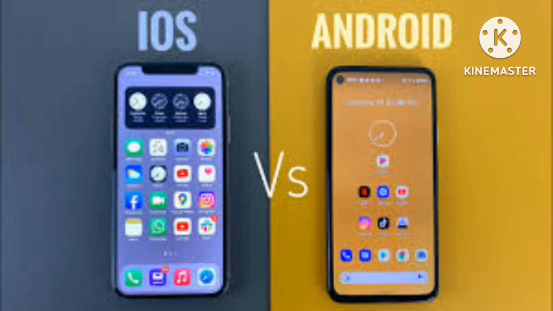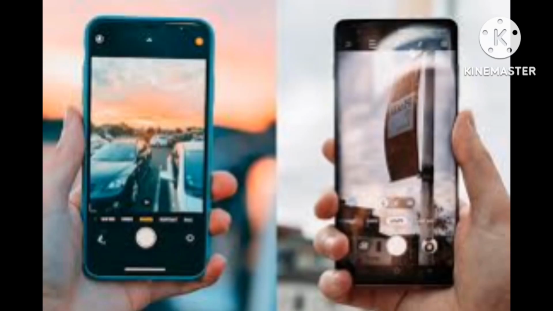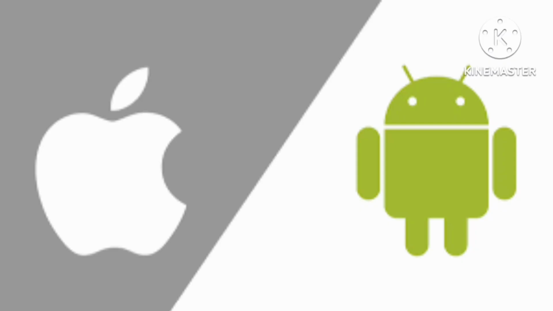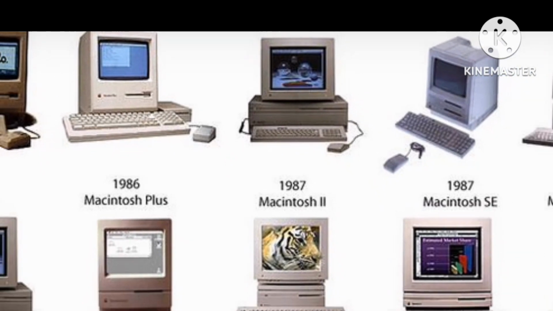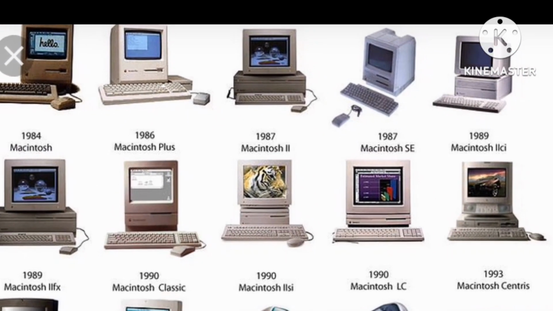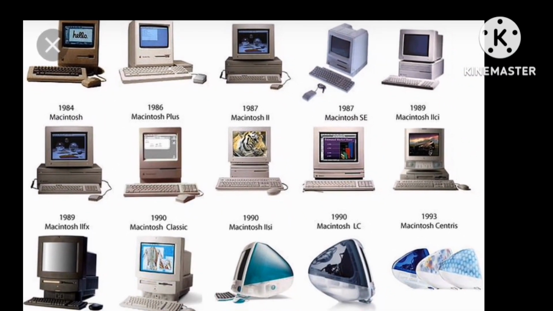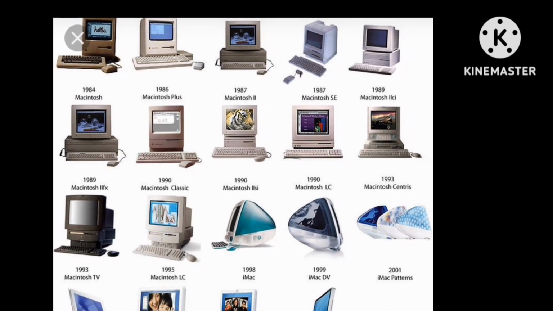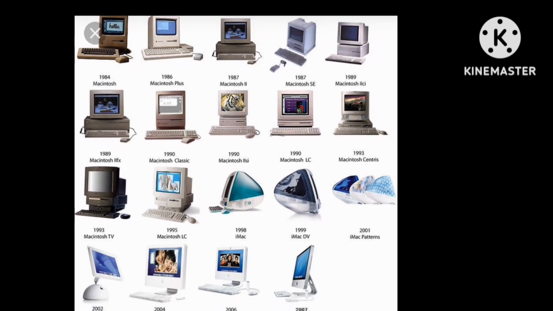Two broad categories. There are two broad categories of mobile phones: Apple iPhones and Android phones. Basically, they both do the same thing. It comes down to a personal preference as to which is better than the other. Apple is a computer company that has been making computers for many years and were the ones that prompted the concept of a smartphone.